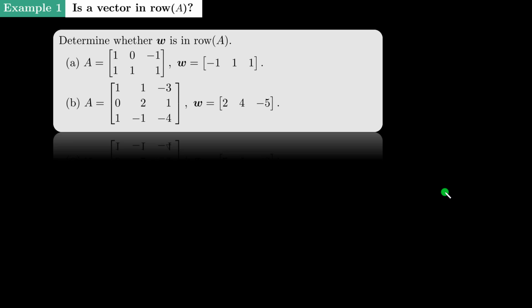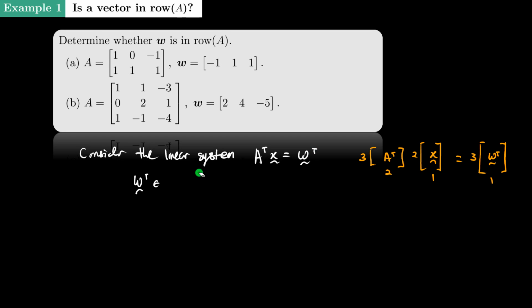Example 1. Determine whether W is in the row space of A, where A is a 2 by 3 matrix and W is a 1 by 3 row vector. We first consider the linear system A transpose x equal to W transpose.